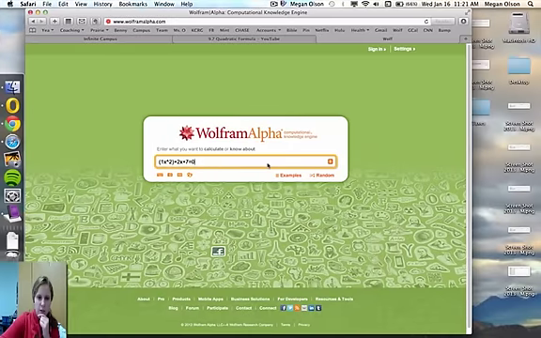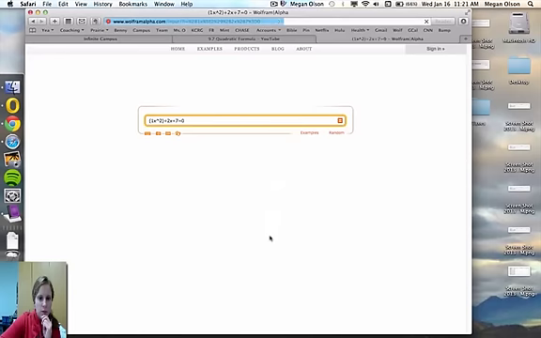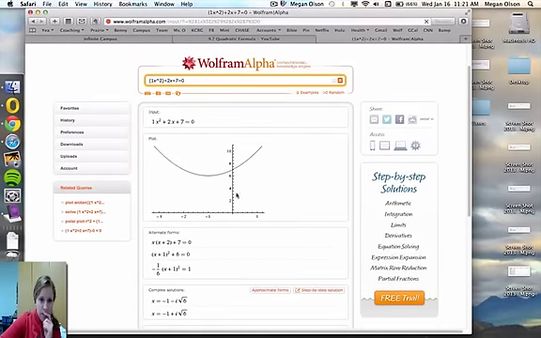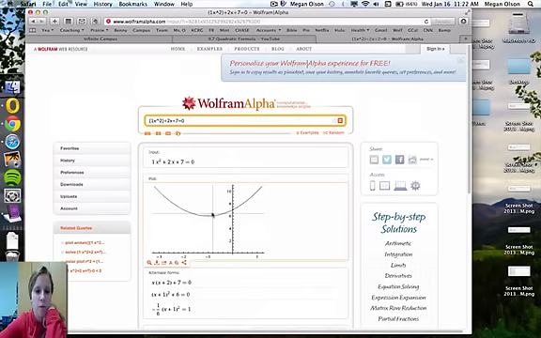If we plug it in, let's get a visual of what's going on. If we look at this parabola, it does not touch the x-axis. Because it does not cross the x-axis, there are no times in this parabola where y equals 0. So we have no solution there.